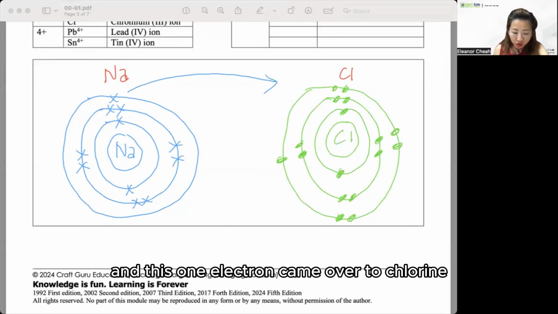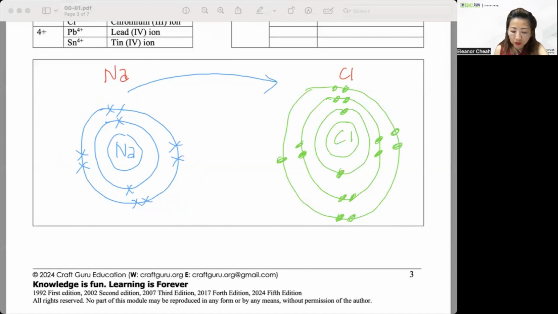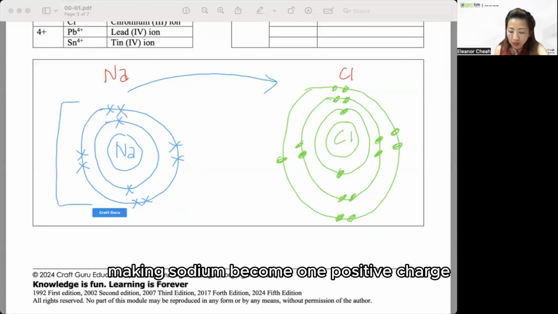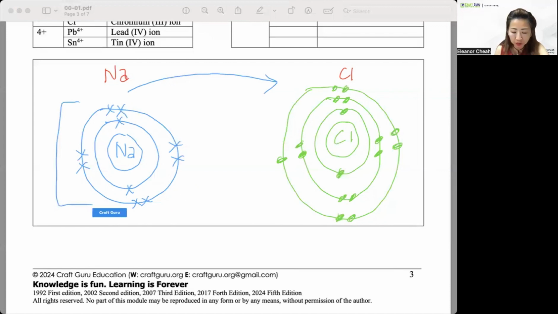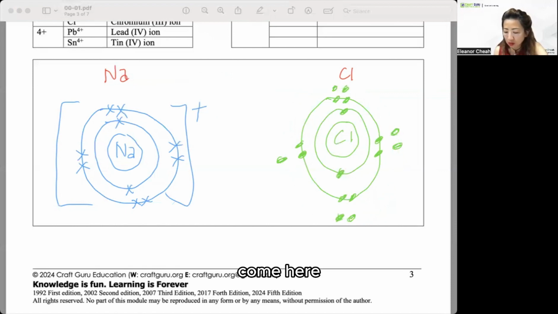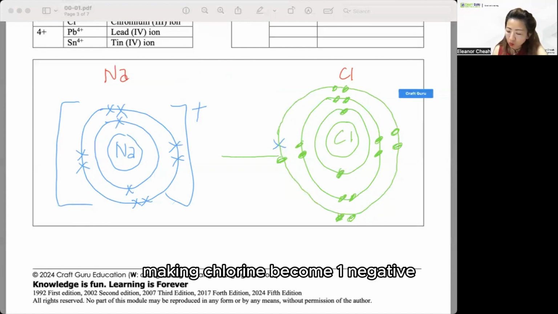And this 1 electron came over to chlorine, making sodium become 1 positive charge, and making chlorine become 1 negative.